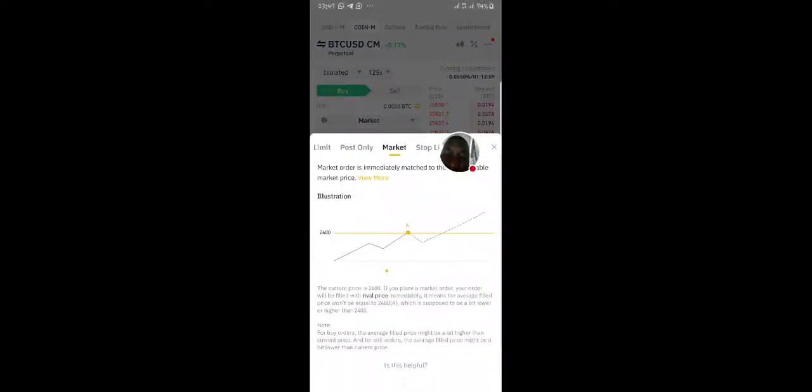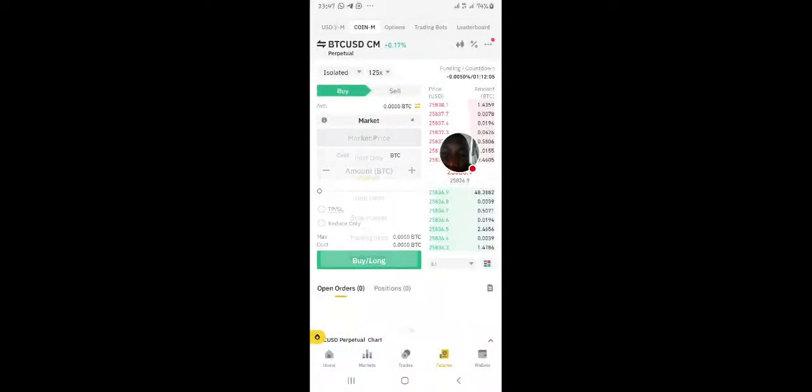But me, I don't do it. No matter how the FOMO, I will just set my price maybe close to the current market. I don't use market. I make sure I use limit all the time. Limit is the best. Limit will give you the ability to choose your price.